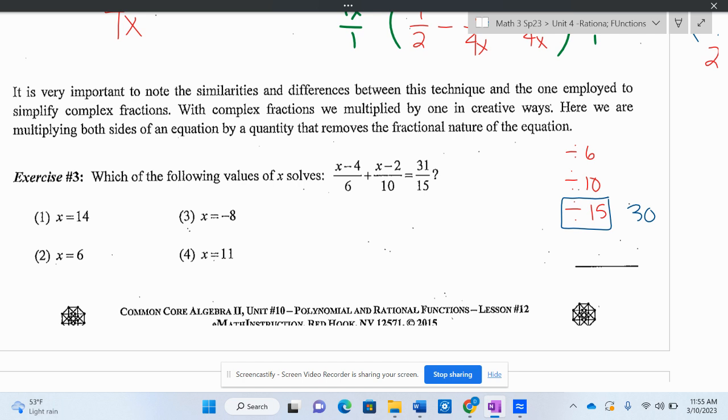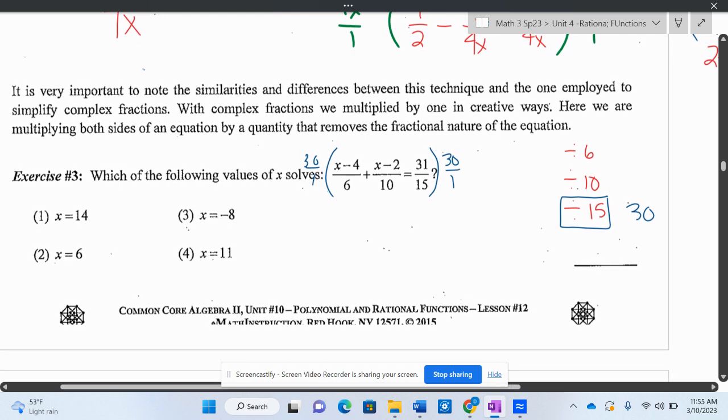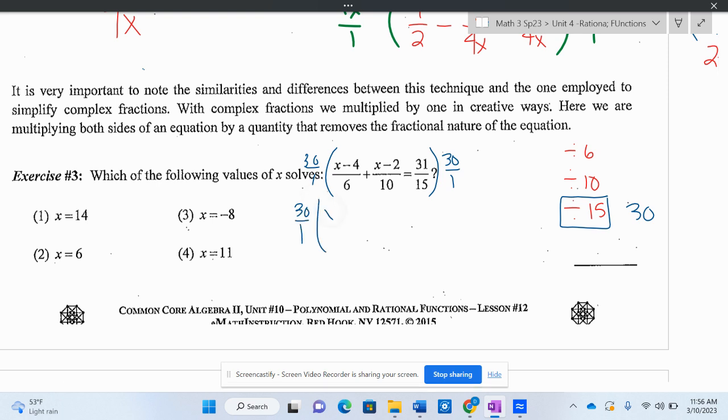So we're going to multiply both sides of our equation by 30 over 1. And I'm going to distribute again just so you can see the actual math that's taking place, because I think that's going to help you. So I really have 30 over 1 times x minus 4 over 6 plus 30 over 1 times x minus 2 over 10.